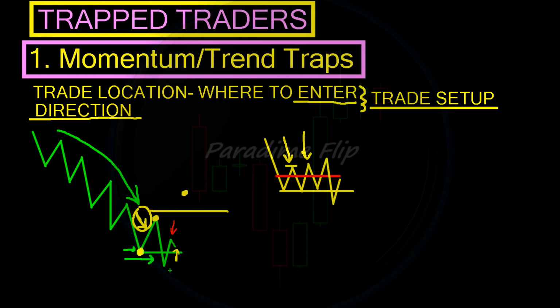So what you'll end up getting is a bit of a range in this area, and that's what you want to see. Basically, what's happening is that every time selling comes in, you have buyers absorbing all the sellers. So these buyers coming in below the price are basically taking the other side of these sell positions.